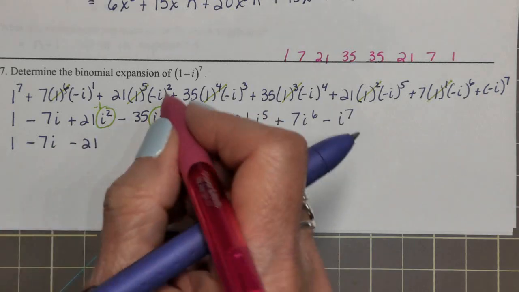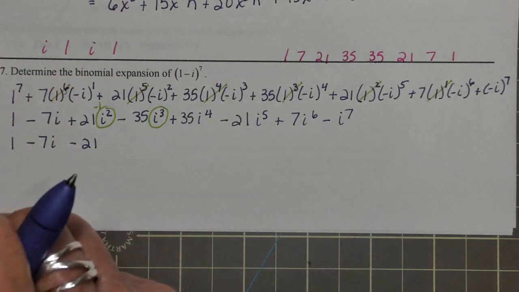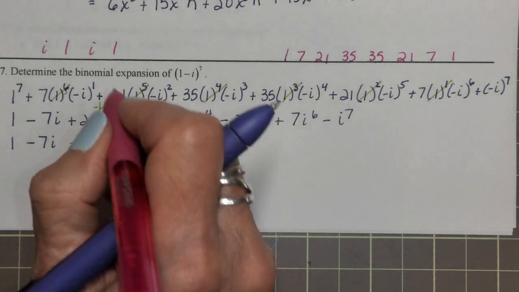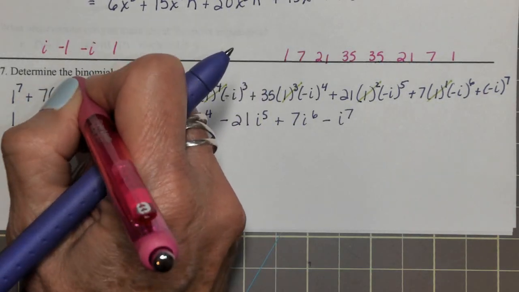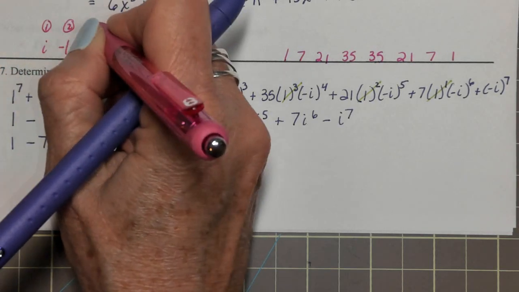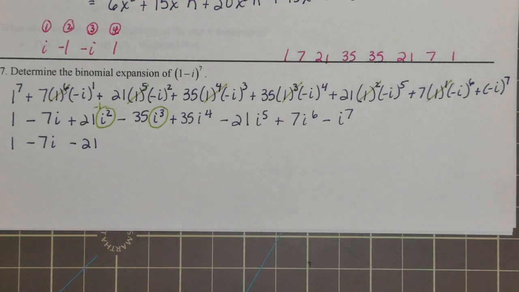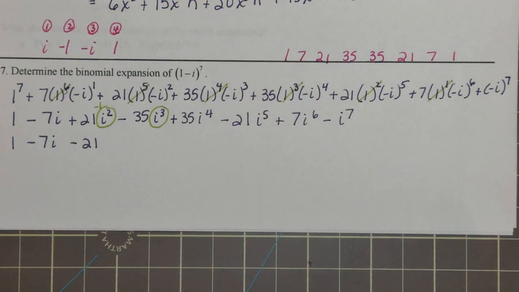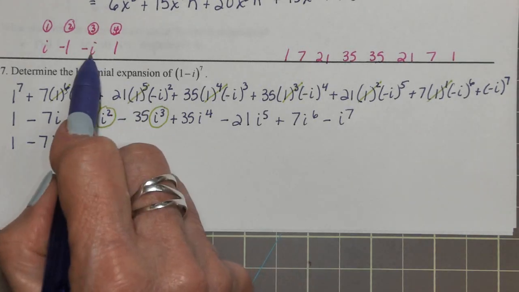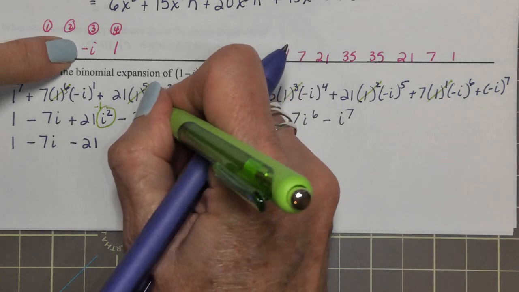I won. That's what you say when you win the lottery. I won. The middle two are negatives. Multiples of your power on your i. i cubed would be negative i.